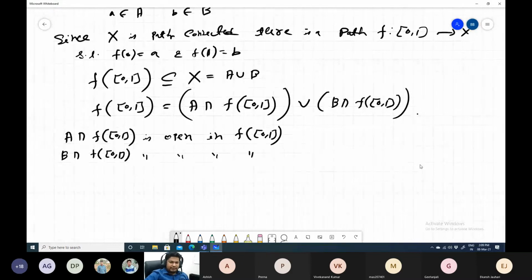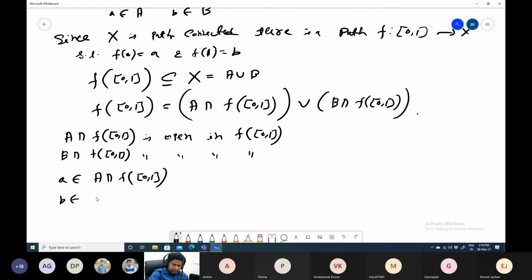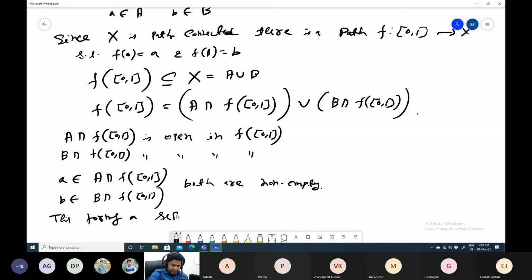Why are they non-empty? Because a belongs to this, and b belongs to that. Right? So both are non-empty. And obviously they are disjoint. So this forms a separation.